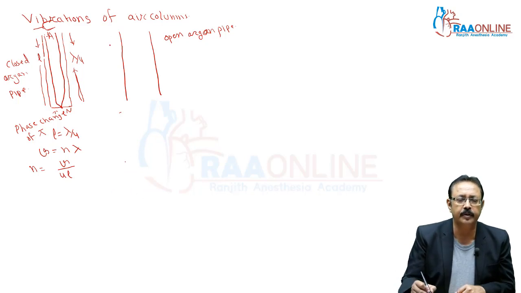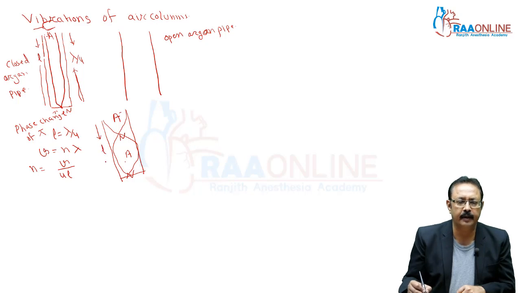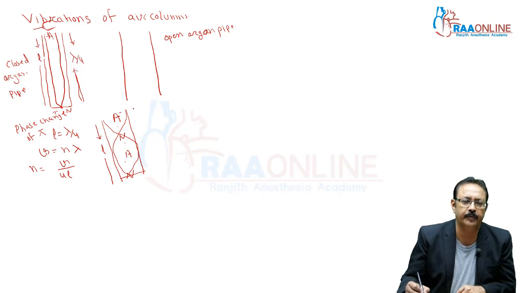Between one antinode and node, maybe there is one more antinode and node. Like this. In this case, the length should be 1 lambda by 4, 2 lambda by 4, 3 lambda by 4. It is 3 lambda by 4.